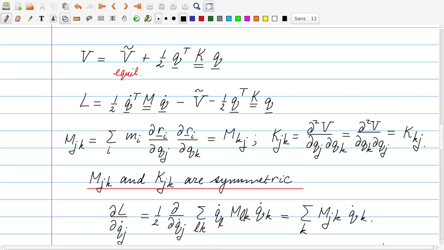The fact that M and K are symmetric is very important when we want to formulate the equations of motion, because, for example, let's have a look at dL/dq̇_j. So we need to take the derivative of this term, and that can be written as 1/2 d/dq̇_j, and then we write out this vector-matrix-vector product in terms of the elements.